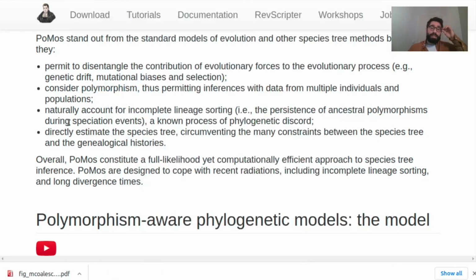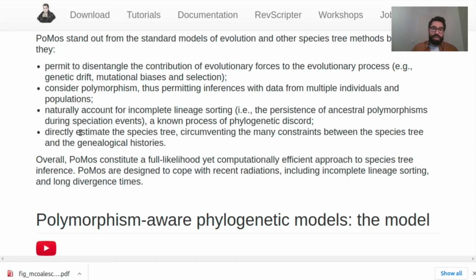Finally, an aspect that is related to another process to estimate the species tree, which is the multi-species coalescent. So this is also an alternative to estimate the species tree, and compared to POMO, it is more computationally intensive.